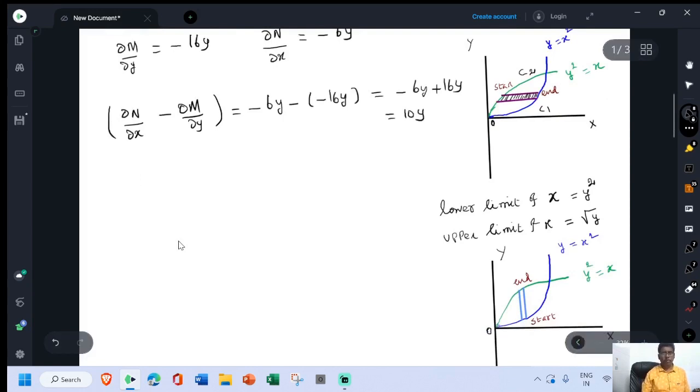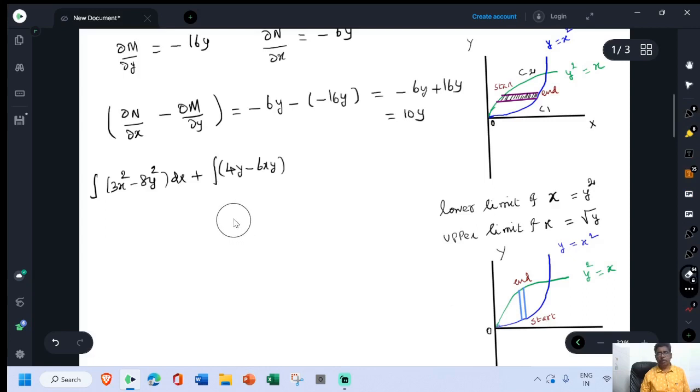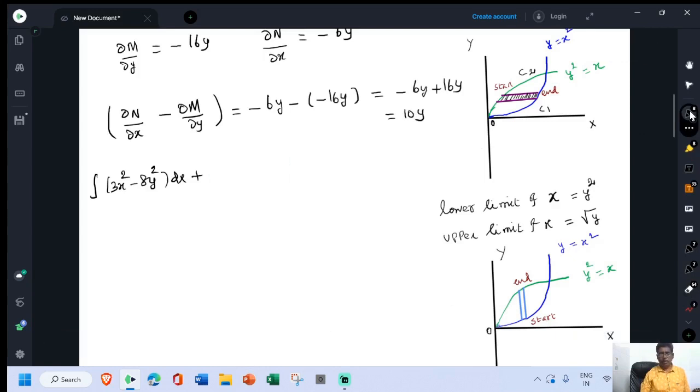Now the integral of m dx, where the value of m is 3x square minus 8y square, plus integral of n dy, where n is 4y minus 6xy, equals the double integral.